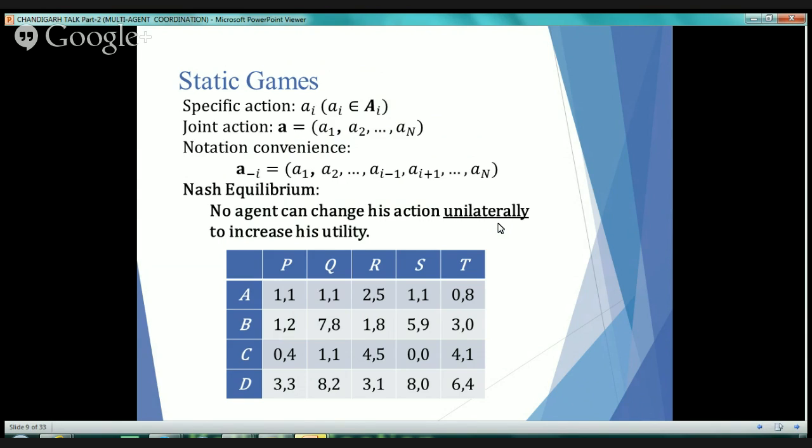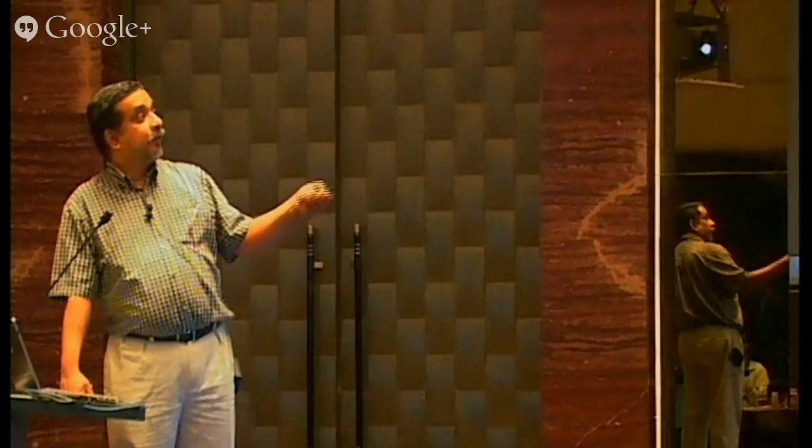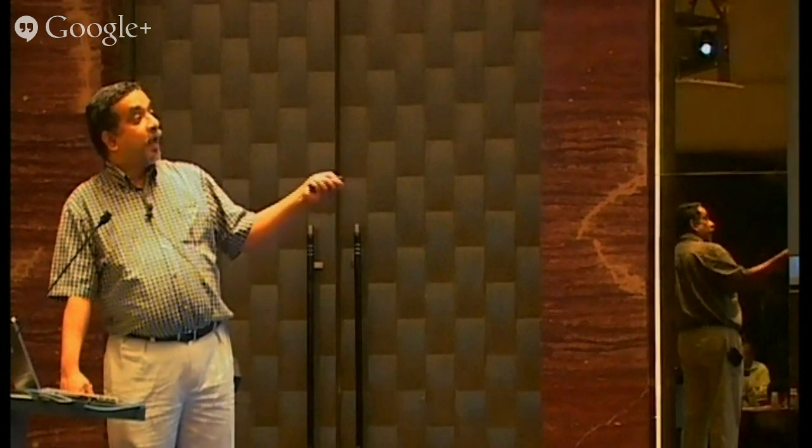Why is that? Because from 6, 4, remember that the left value pertains to this agent, and the right value pertains to the other. So how much is the left agent getting from this? 6, right? But if this person who's playing D is getting 6 here, and unilaterally changes to C, how much will he get? 4. If he switches to B, he'd get 3, and if he switches from D to A, he'd get 0.